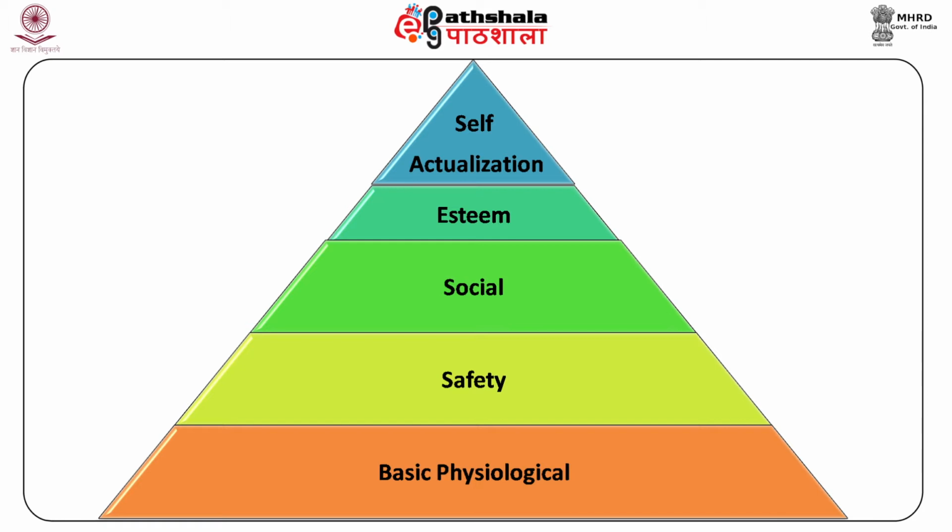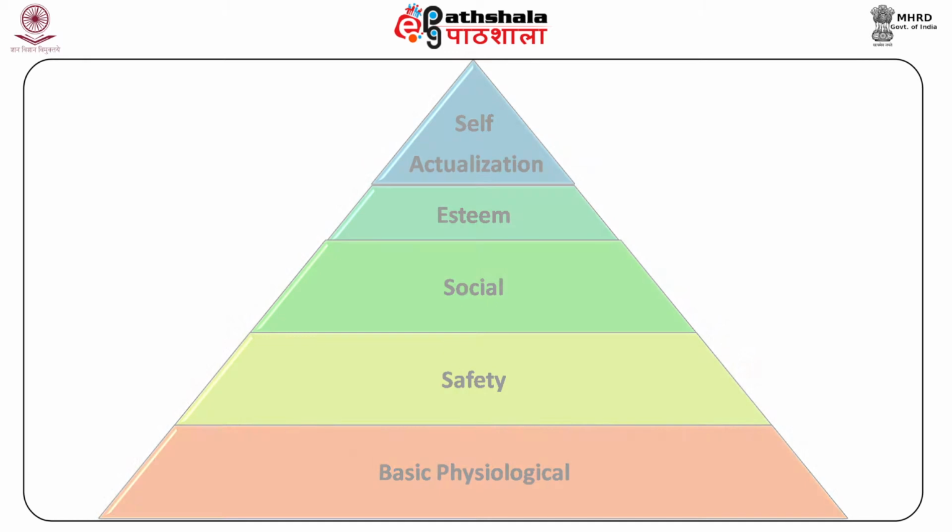The next is the self-actualization needs. These are the highest order of needs. These needs arise when a person desires to bring out his or her full potential, self-development, being creative, etc. This need is psychological in nature.